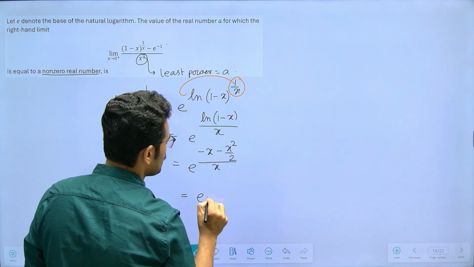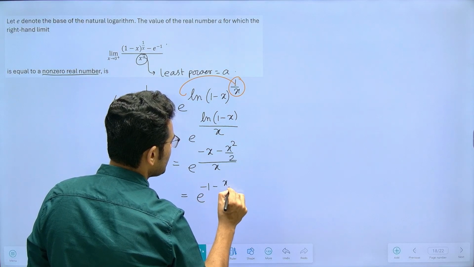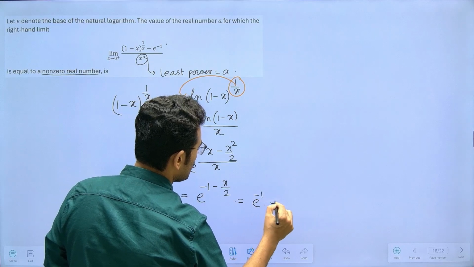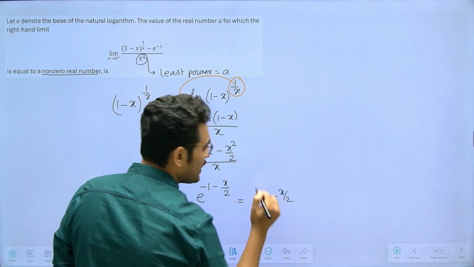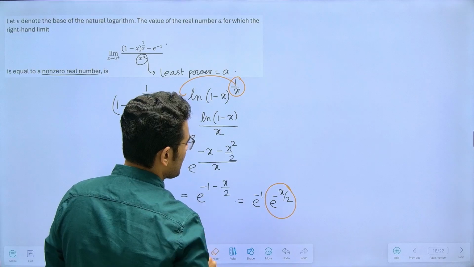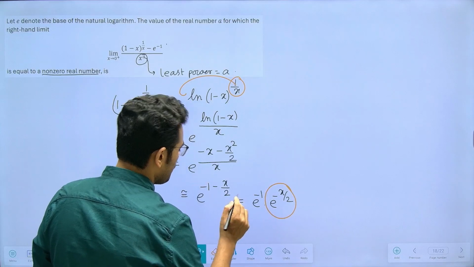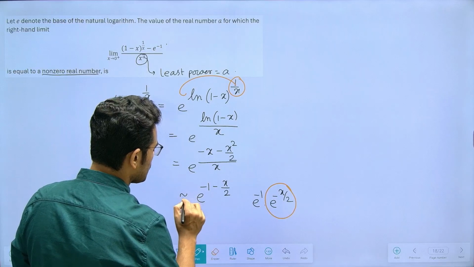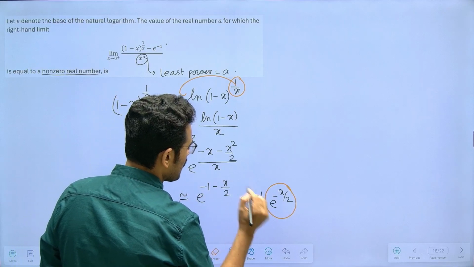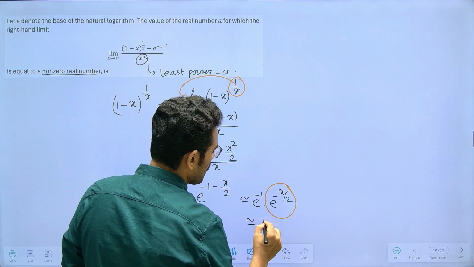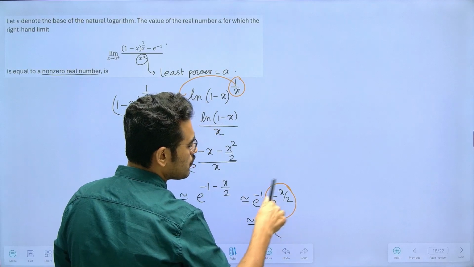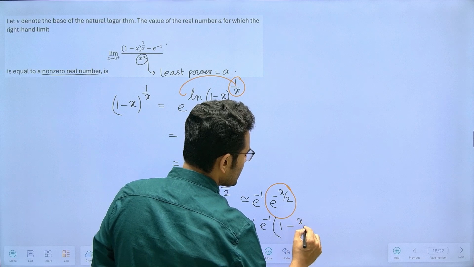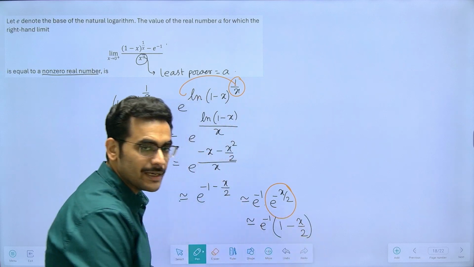So it becomes e to the power minus 1 minus x by 2, that means e to the power minus 1 into e to the power minus x by 2. These are all approximations that I am using. e to the power minus x by 2 can again be expanded as approximately 1 minus x by 2.